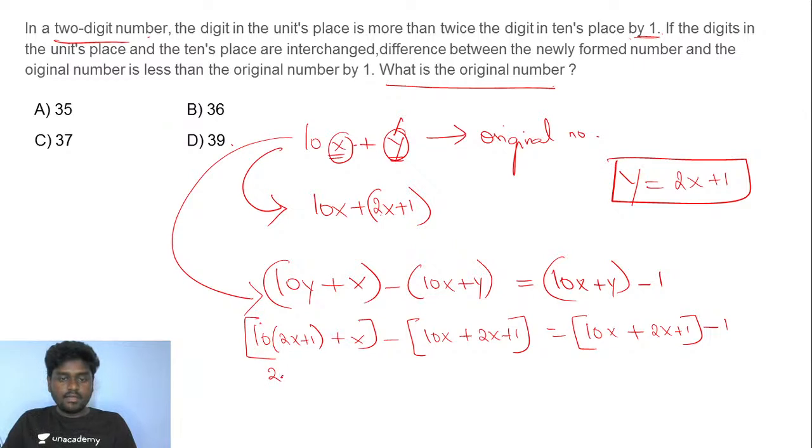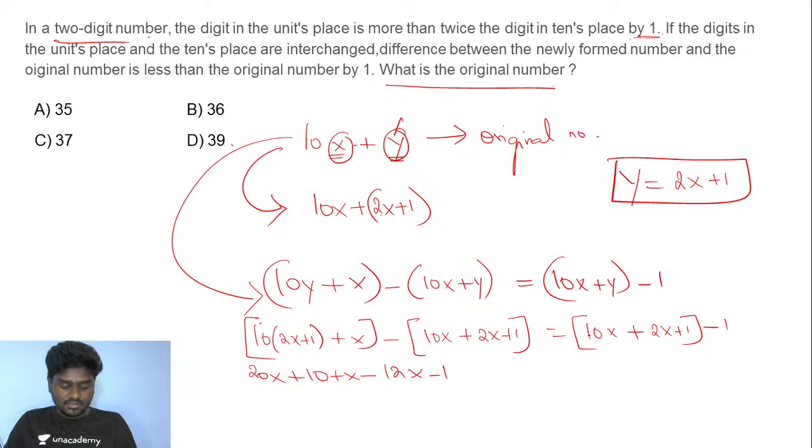You'll be getting 20x plus 10 plus x minus 10x minus 2. Yeah, 10x plus 2x, it's going to be 12x, right? It's going to be minus 12x minus 1.